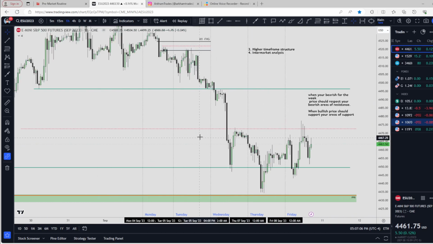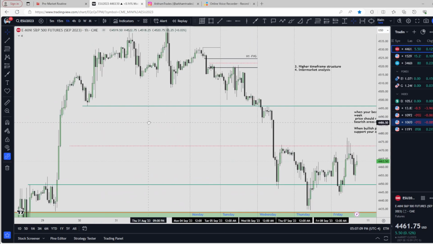So we have this bullish fair value gap here, but we're bearish for the week. Since we're bearish for the week, we're not going to look at this as support. We're going to look at it as an inversion where price can come down, tap into it, break above, break structure, come back, and then continue dropping. That's an inversion.